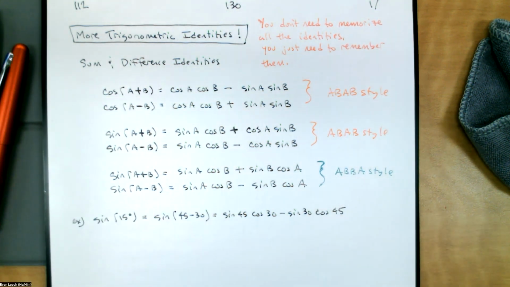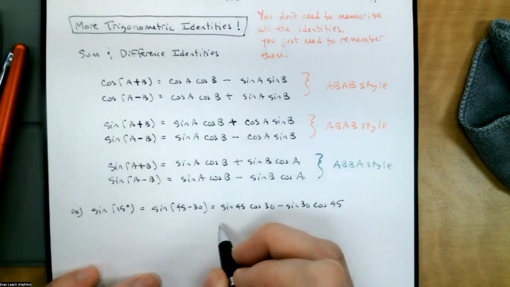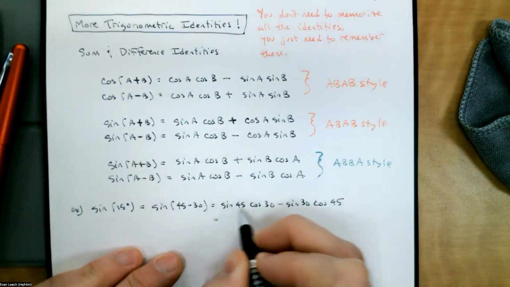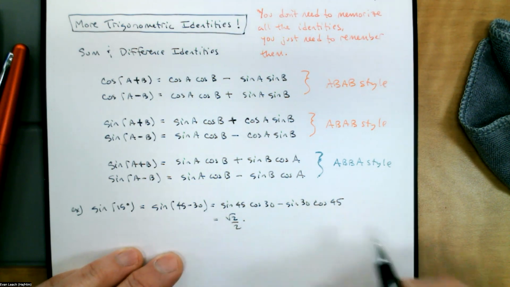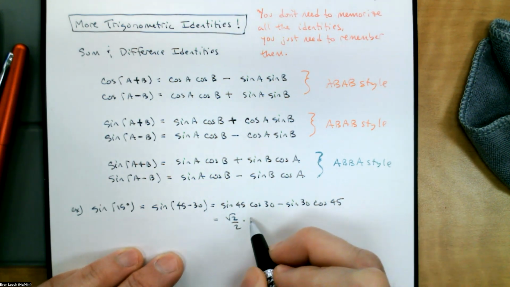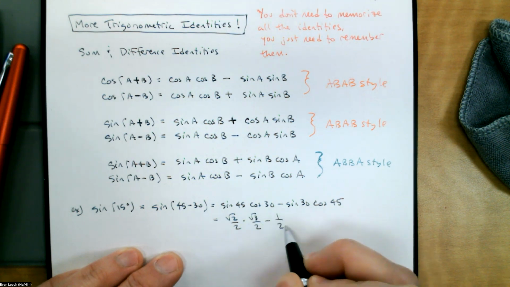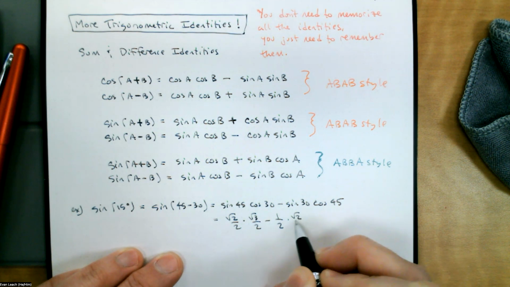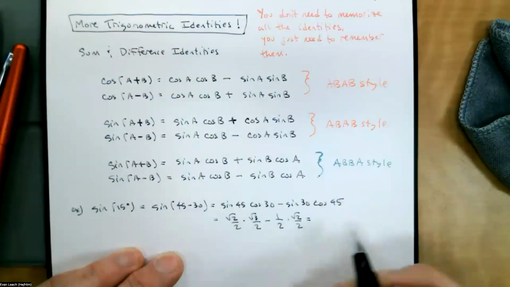Those four values are ones that we do know. So sine of 45 is root 2 over 2. Cosine of 30 is root 3 over 2. Sine of 30 is a half. Cosine of 45 is root 2 over 2. So we get root 6 over 2 minus root 2 over 2.